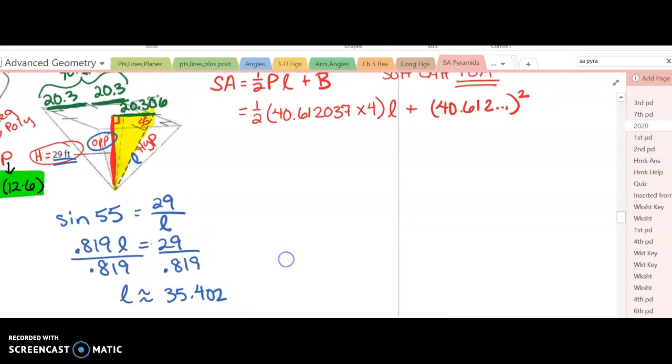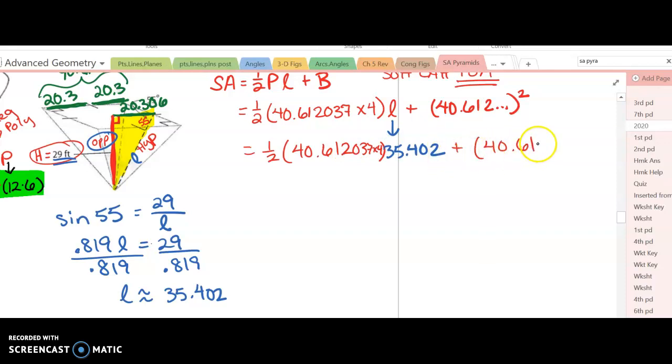And so now we can fill that in for our slant height. So 1/2 of that 35.402 times the 40.612037 times 4, running out of room, plus the 40.612 squared, and again I'm also using all the decimal places on this number. Whew!